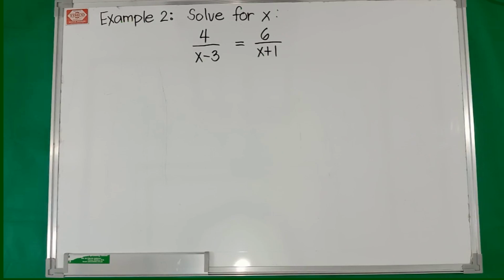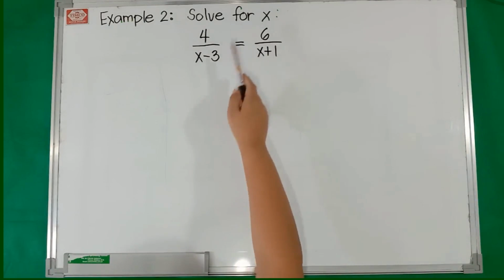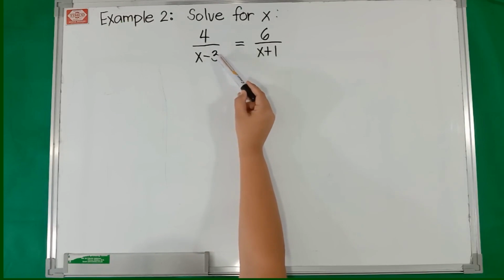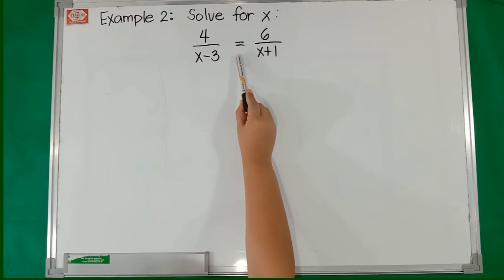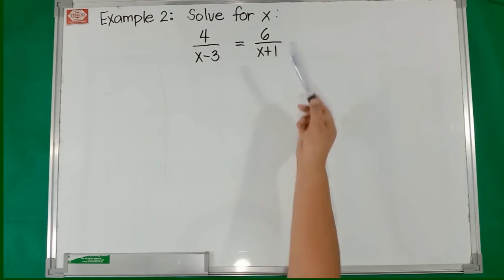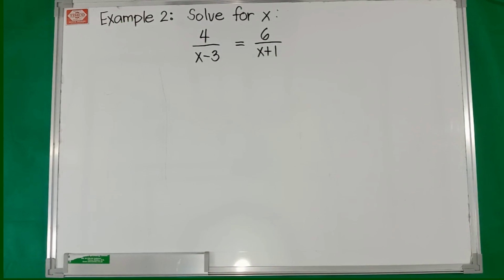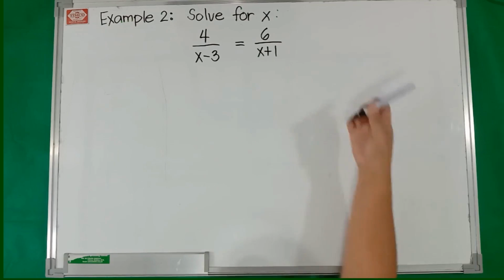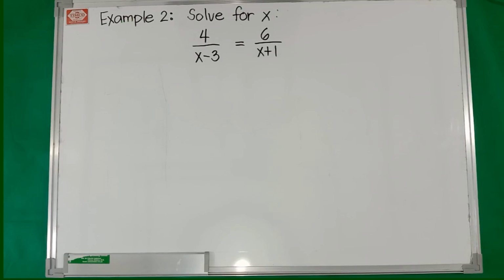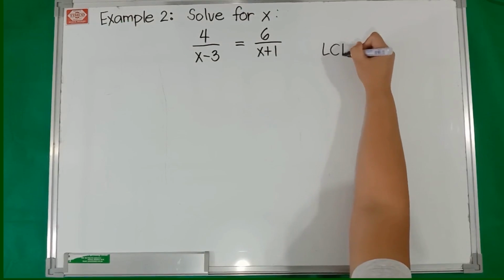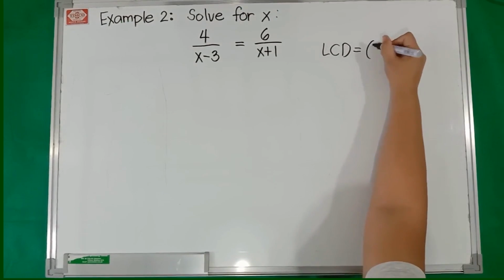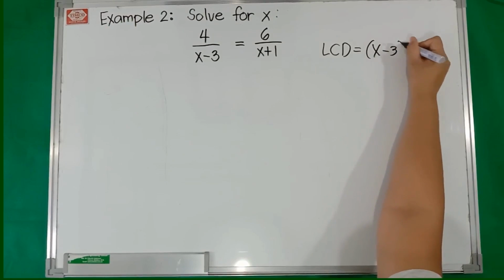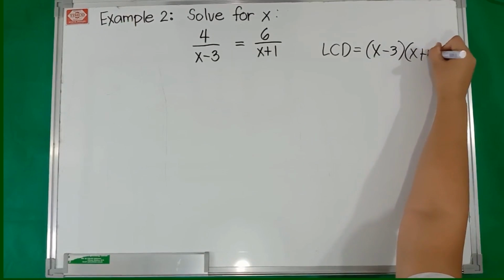Since the denominators of the equation are both binomials, we can just rewrite the LCD as x minus 3 and x plus 1. So our LCD for this equation is the quantity x minus 3 multiplied by x plus 1.